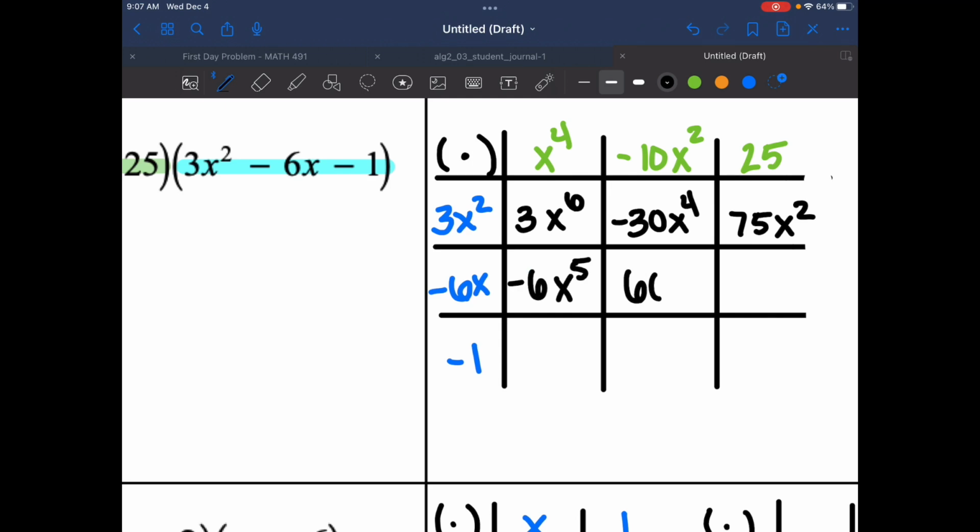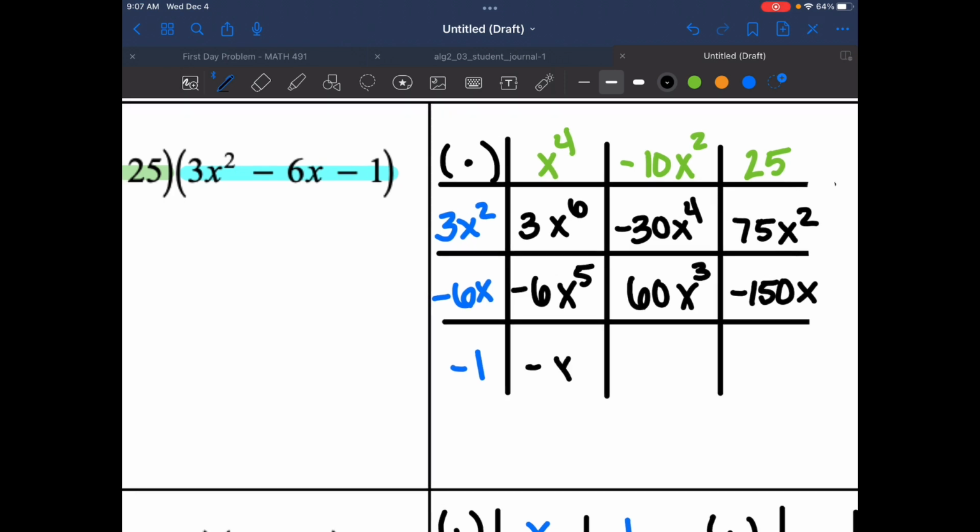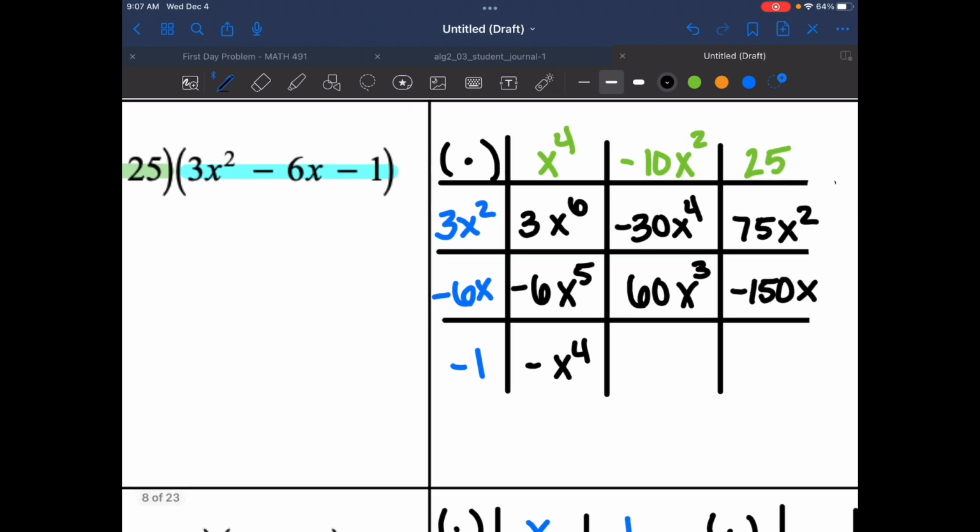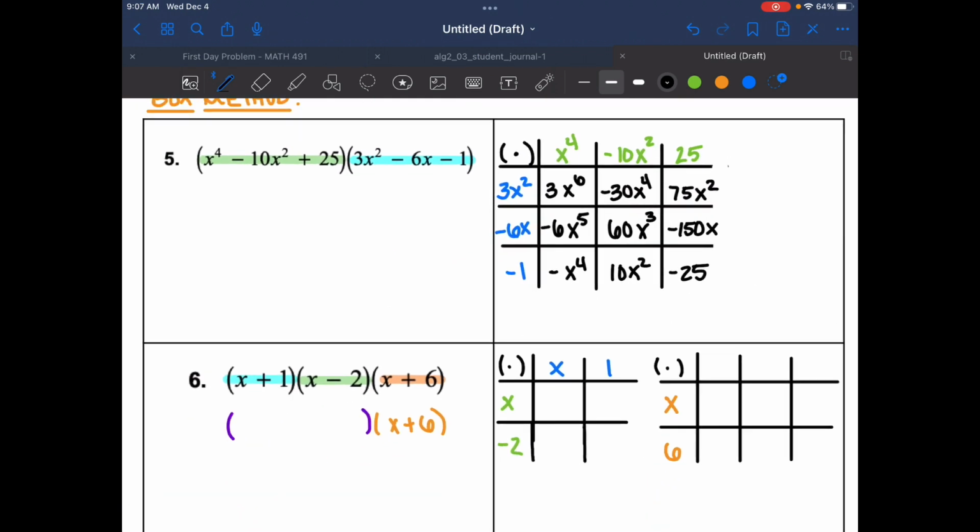We'll get 60x to the 3rd. And negative 150x. We'll get negative x to the 4th, 10x squared, and negative 25. Okay? And then we're just going to go ahead and combine all of these terms that I've written in black.